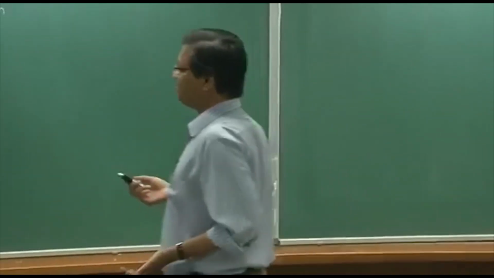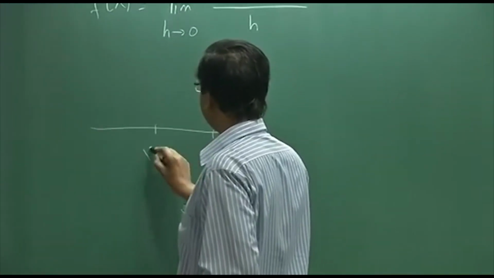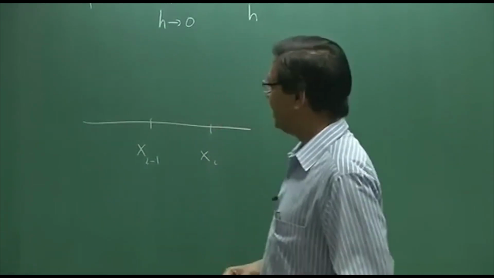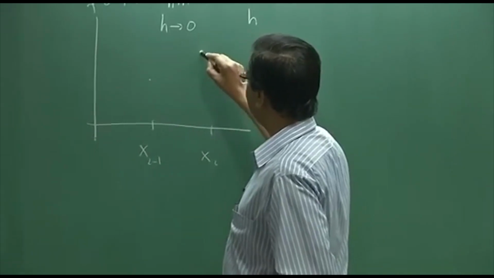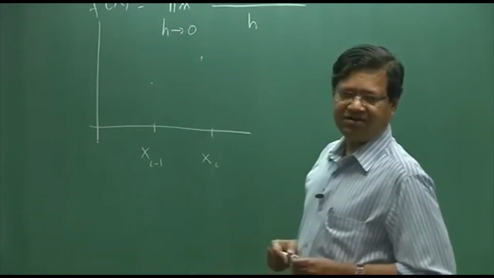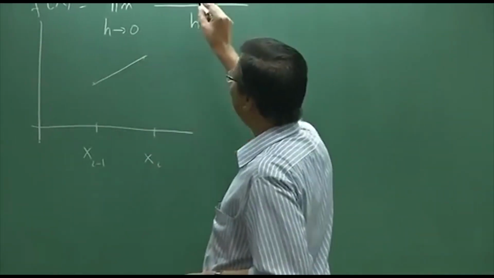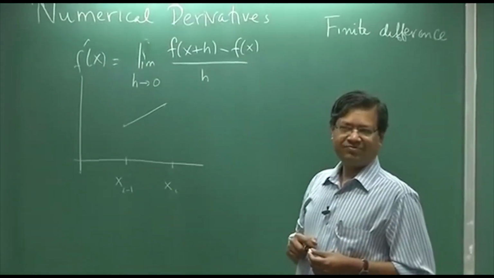So the simple idea is I have 2 points, discretized. Let us call them xi minus 1 and xi, and the y axis is the function here and here. Suppose the function is linear, then it is straightforward. This idea will work even if h is finite.